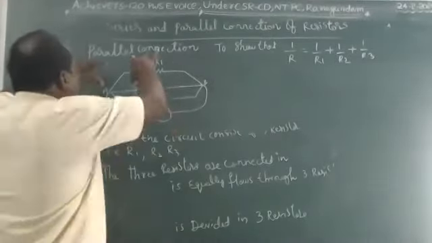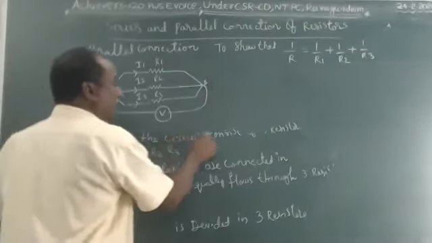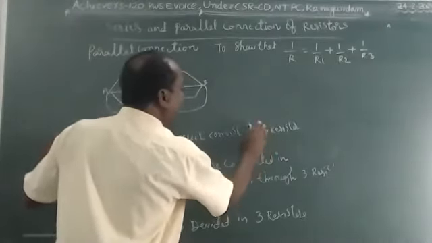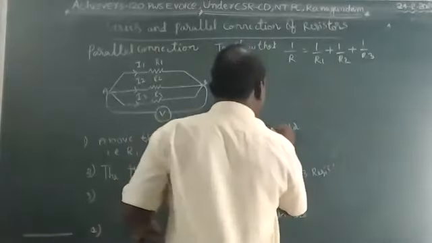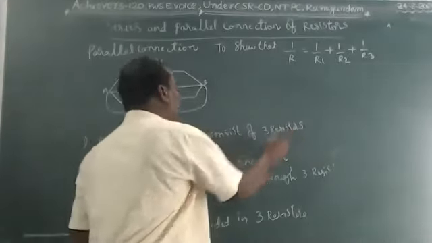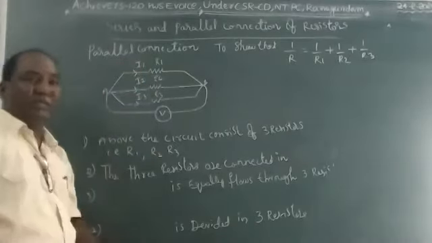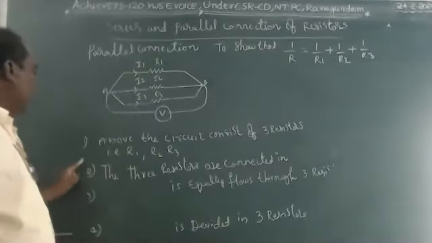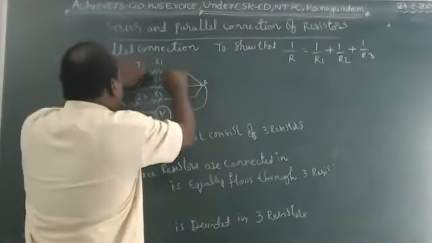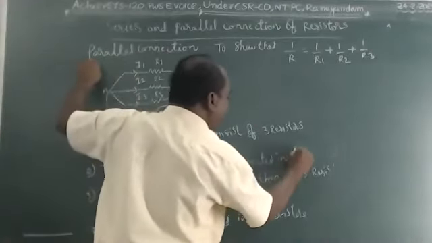The first point: the above circuit consists of 3 resistors, they are R1, R2, R3. The second point: the 3 resistors are connected in parallel.